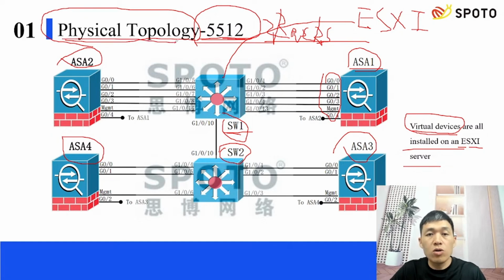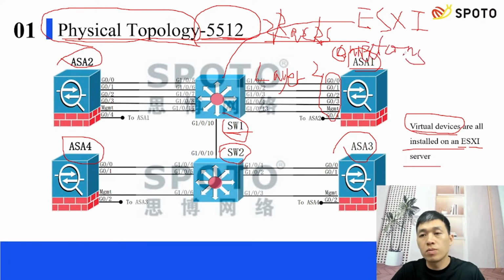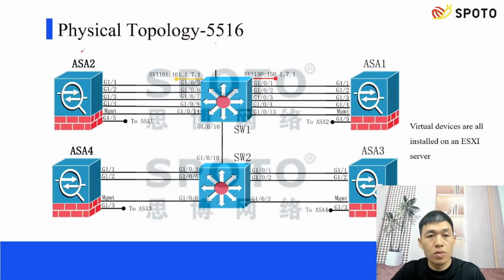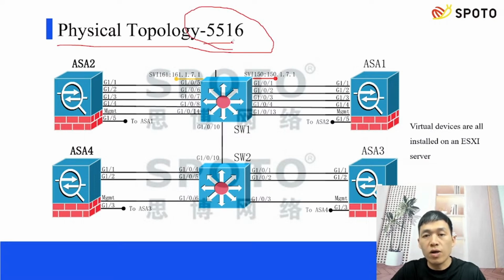Okay, the physical topology is only for layer 2 connections. And this one is for 5.5.16.